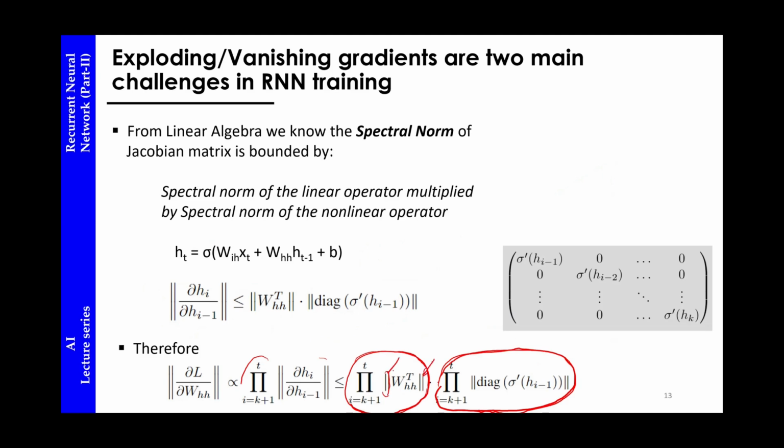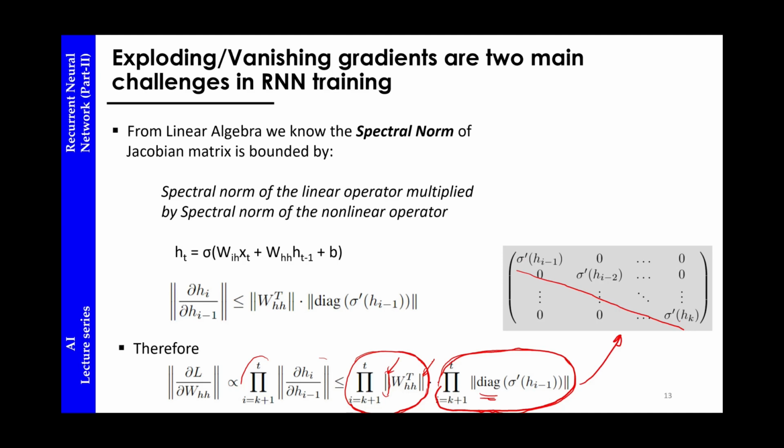They are spectral norms. This diag here means diagonal matrix, and it will give us a matrix in which along the diagonal we have the derivatives of the activation functions.